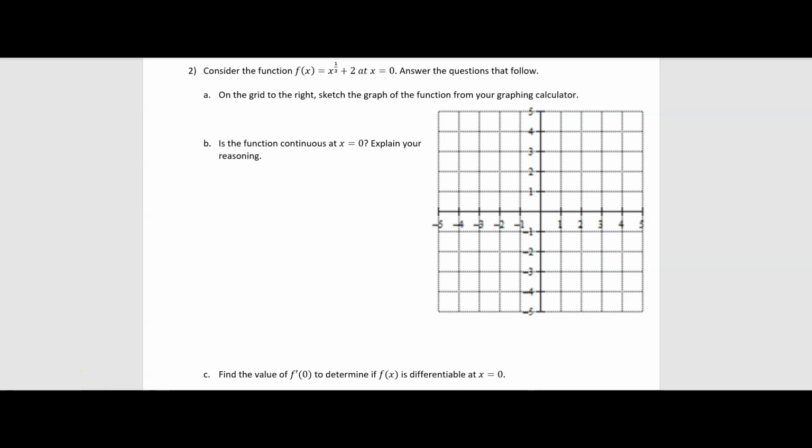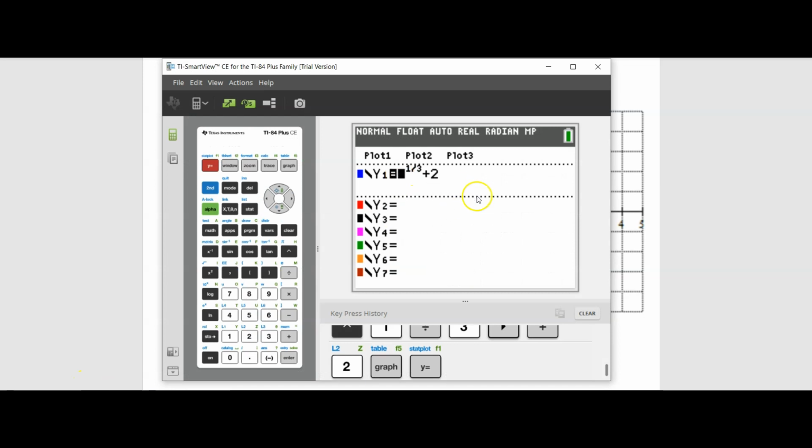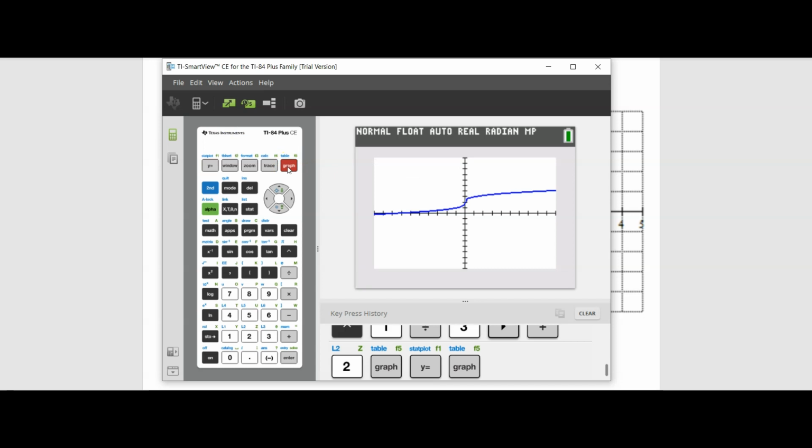All right, so if I go over here to my calculator, I've already typed in the function for us. I'm going to hit graph. And it's a little hard to tell from the graph. You may not exactly know what's going on right around x equals 0. But what's happening here is that there ends up being a vertical tangent.